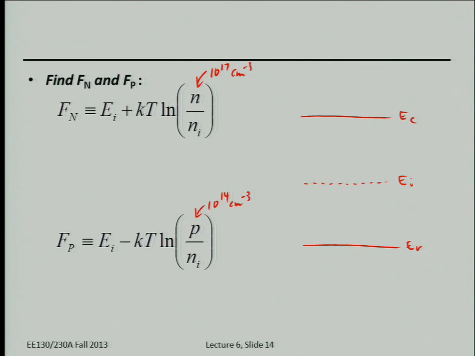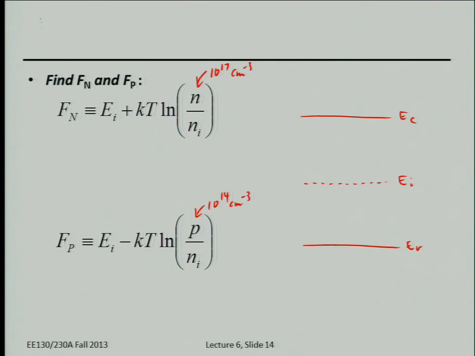The reason is Fn minus Ei is positive because n is greater than Ni. In other words, if the carrier concentration is higher than Ni, then the Fermi level for electrons has to be higher than E sub i. Yes? Ni is the intrinsic carrier concentration, 10 to the 10.